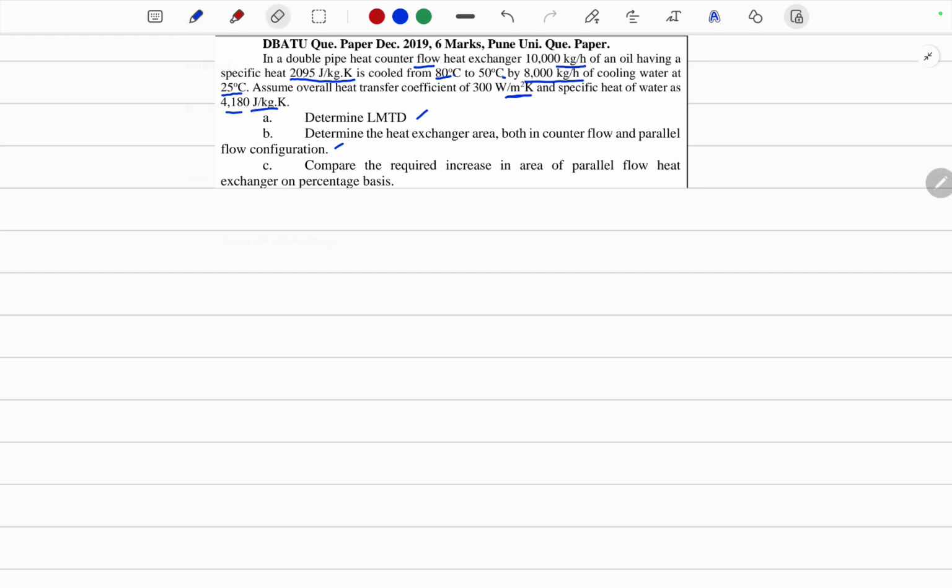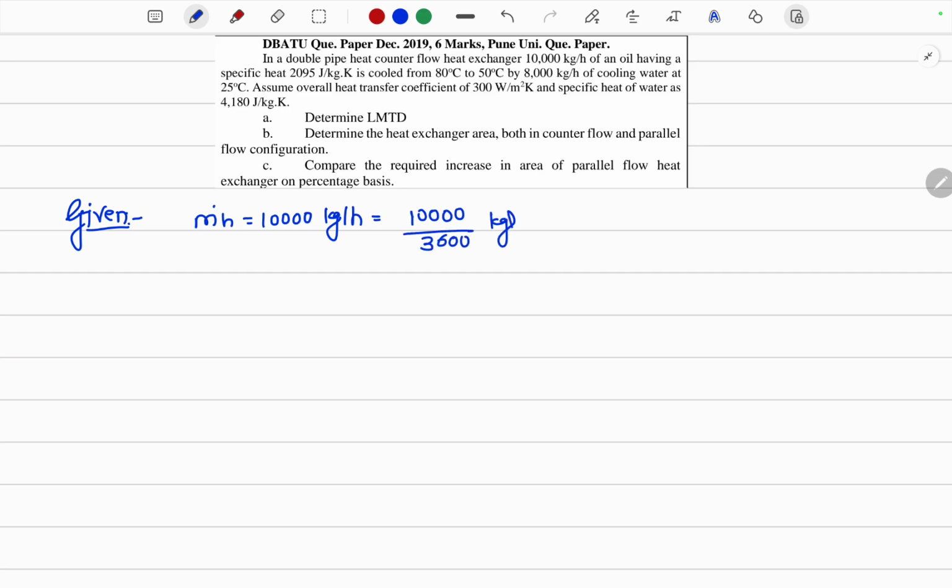So let us first of all write down the given things. In this case, m dot h is 10,000 kg per hour, so that is equal to 10,000 divided by 3600 kg per second. Afterwards, we have Cp.